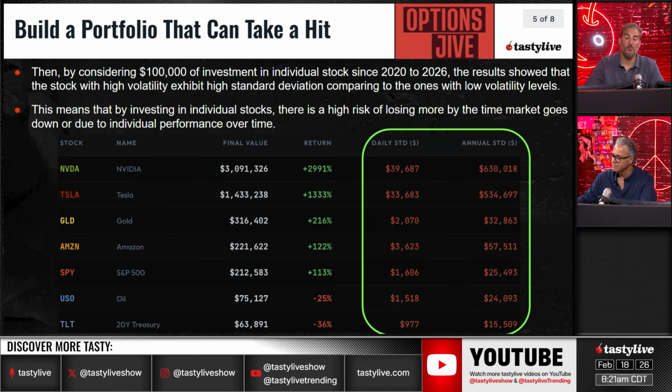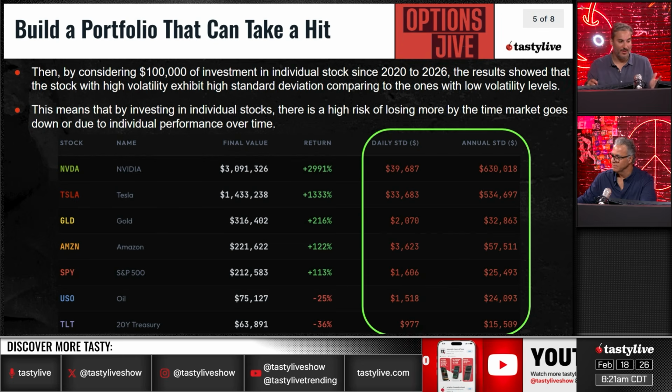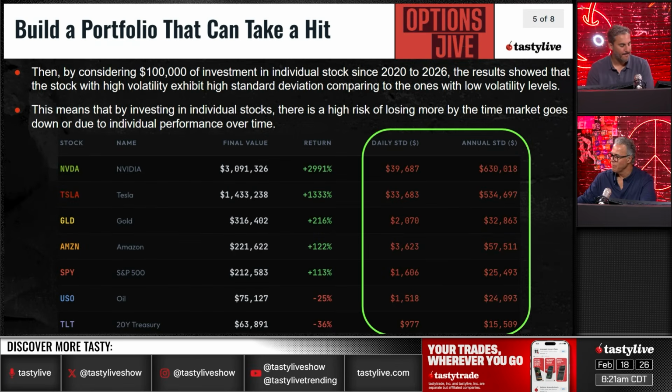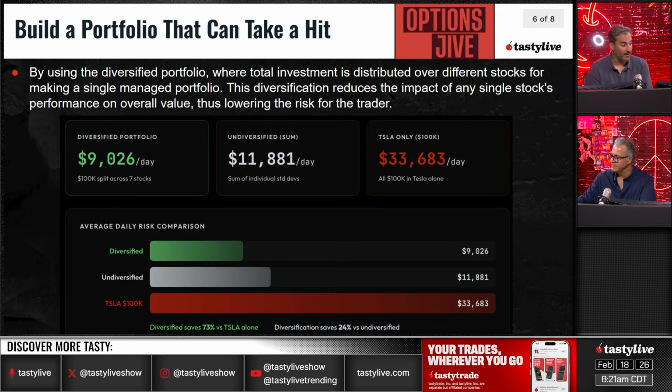Yes. But with more volatility comes bigger, wider ranges of P&L. And so on this next slide here, diversifying between these assets, right? By using a diversified portfolio where the investments are spread out, the point being that you're going to have a much tighter distribution over that period of time.